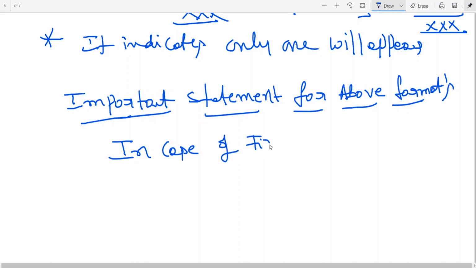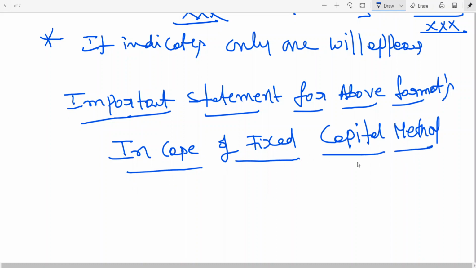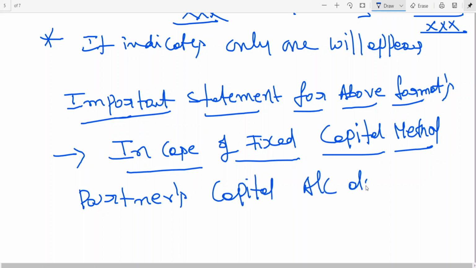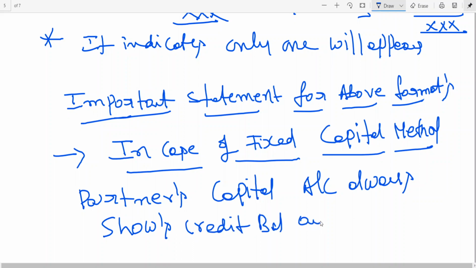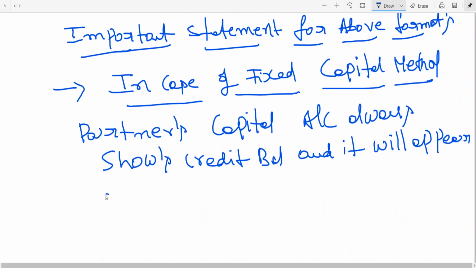In case of fixed capital method, partner's capital account always shows credit balance, and it will appear on the liability side of the balance sheet.